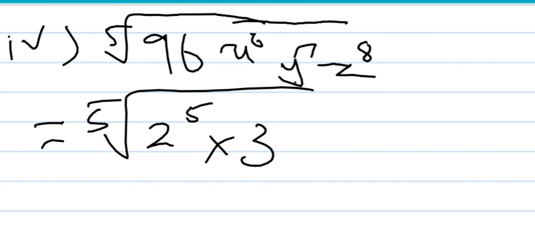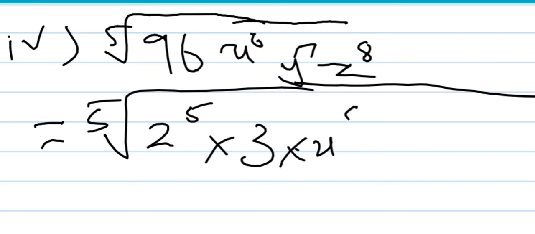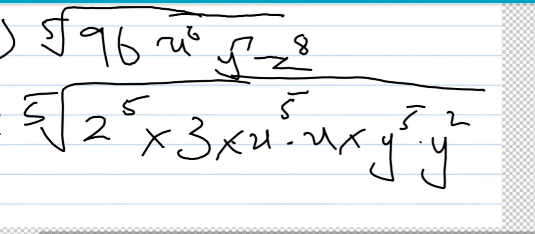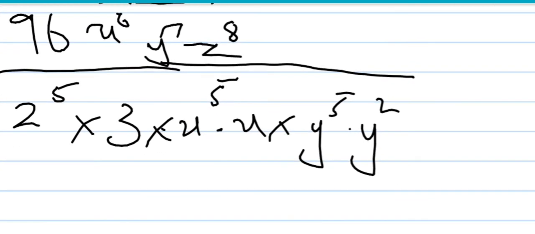3 into, now we'll make factors of x, y, z. We want x⁵, so we'll multiply x⁵ dot x, and multiply y⁵ dot y square, and we have z⁵ dot z³.